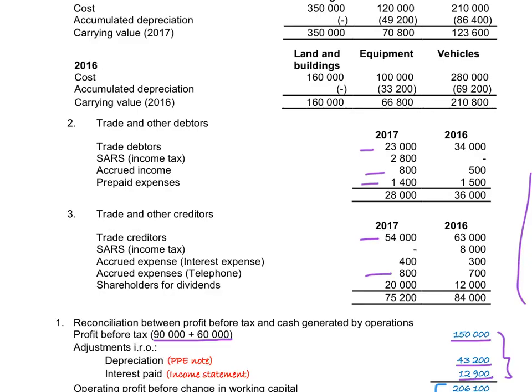If we look at the note for creditors, we see that there's accrued expense for interest. So we have to take into account that at the end of the previous year it was 300 Rand, and at the end of the current year it is 400 Rand.